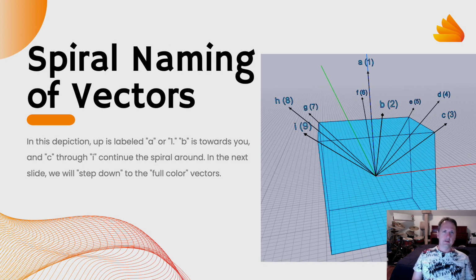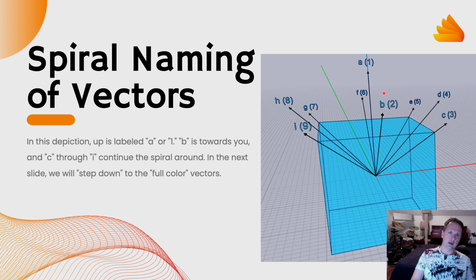So like I said, this is kind of a spiral naming of vectors, starting from the one going straight up with 1, and then coming towards you, considering this as a space for objects we're looking at. The orientation that's upwards and facing you is B, or 2, and it just keeps spiraling around.